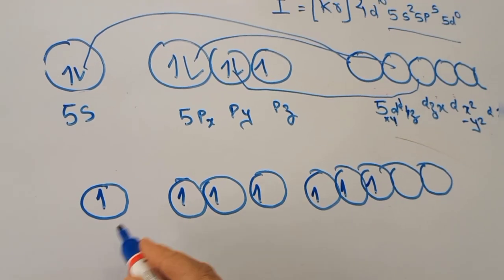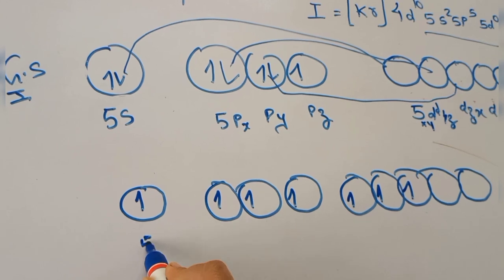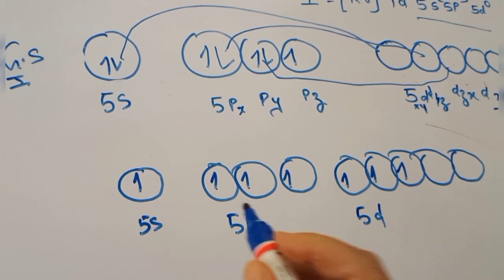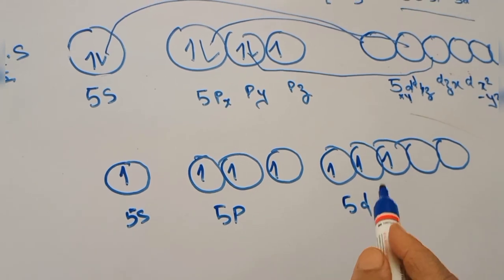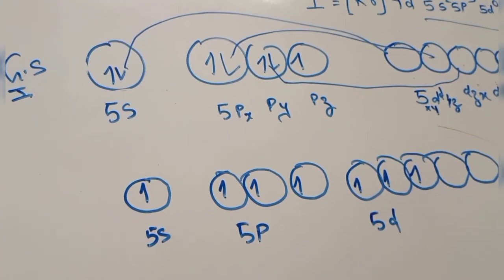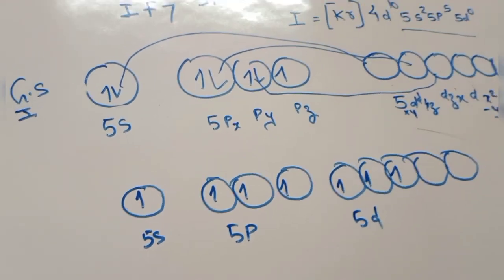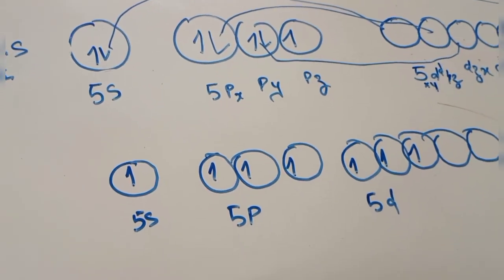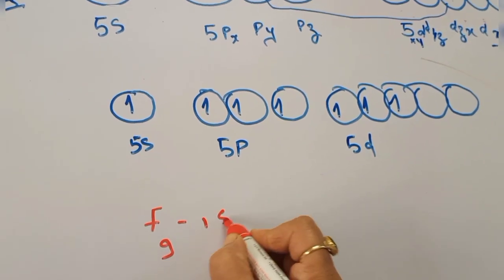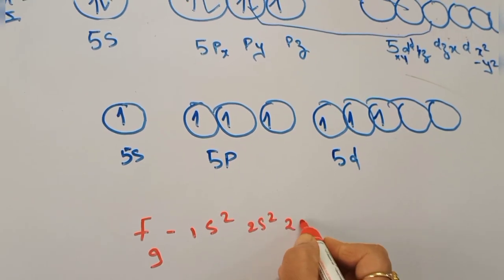Okay, so now for hybridization we have ready 5s, p3 and d3 orbitals. So we need s, p3, d3 now. What is the atomic number of fluorine? Fluorine has atomic number 9, so 1s2, 2s2, 2p5.